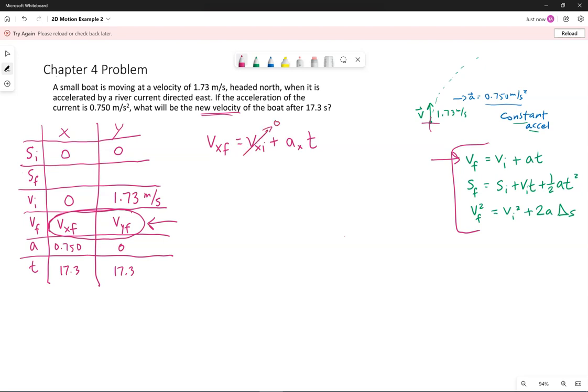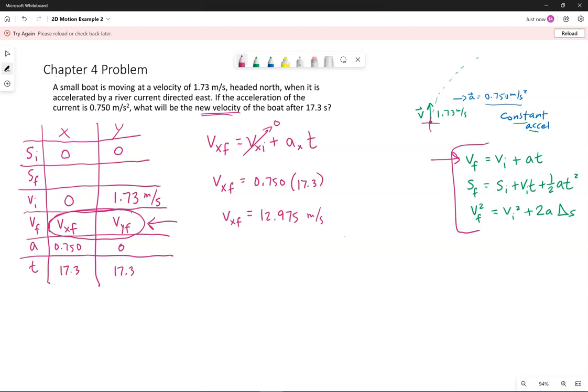Well, in our problem, there's no velocity in the x direction initially. The boat was headed north. But we will end up with an x velocity finally because of that acceleration pointed towards the east. So after this 17.3 seconds, my calculator is telling me 12.975. We will round that to correct significant figures in just a minute.